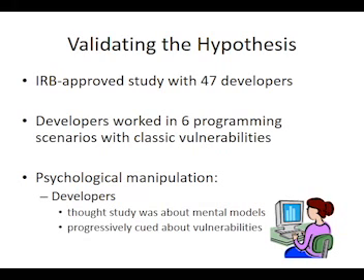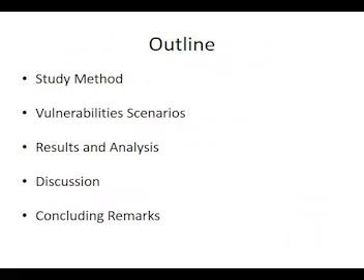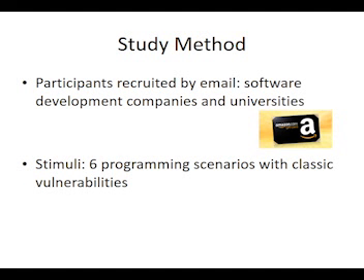And in this study, we progressively cued developers about software vulnerabilities. So this is the outline of the rest of the talk. What was the study method? First we recruited developers by email, and we gave them compensation through an Amazon gift card.